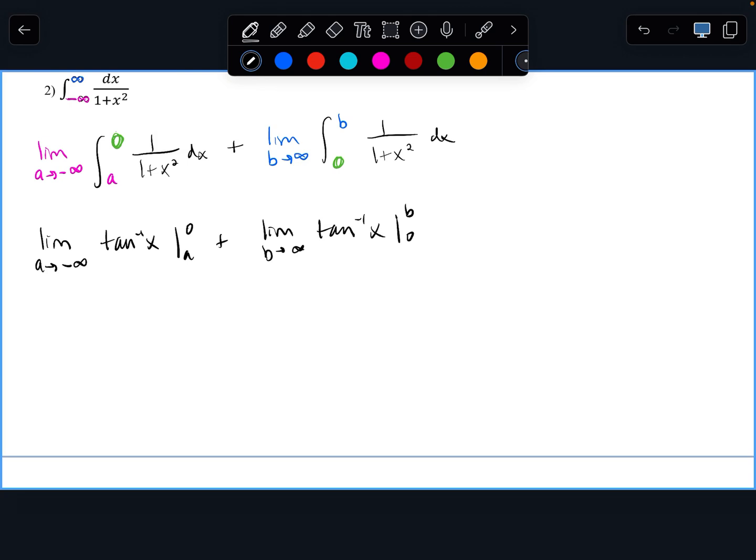Okay, so then to get your bearings, plug in just like how you would do a normal integral: plug in the upper bound minus plug in the lower bound, but you have to keep writing limit over and over again. So you're going to write limit as A goes to negative infinity, inverse tangent of 0 minus inverse tangent of A, plus limit as B goes to positive infinity, inverse tangent of B minus inverse tangent of 0.